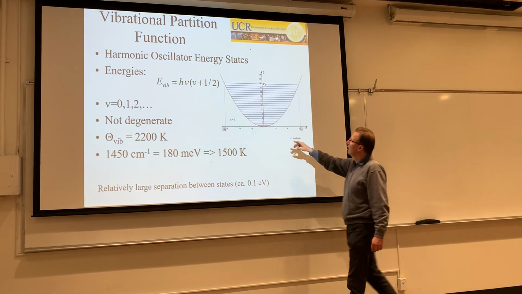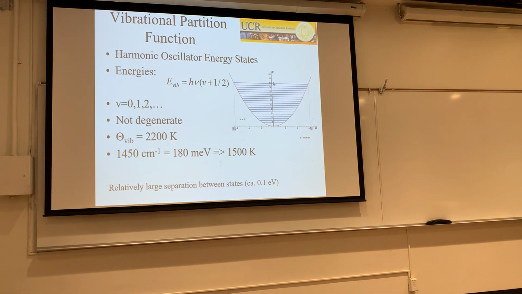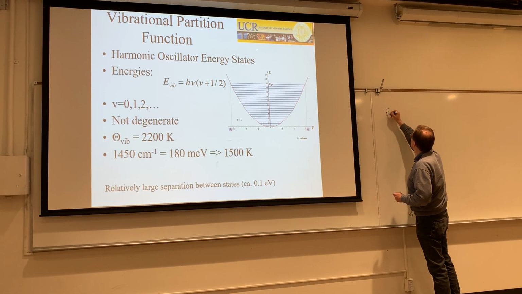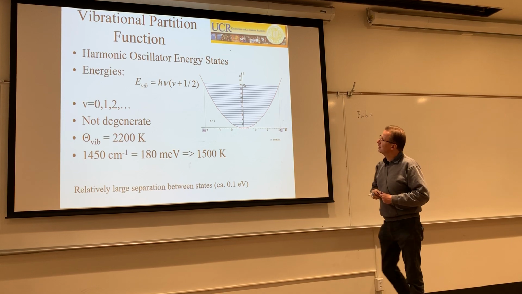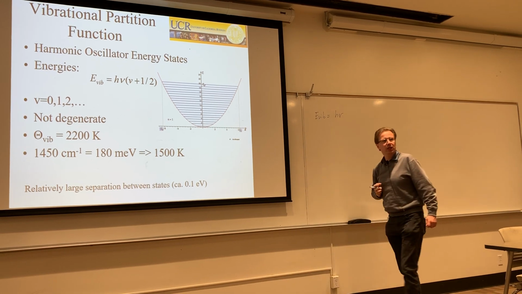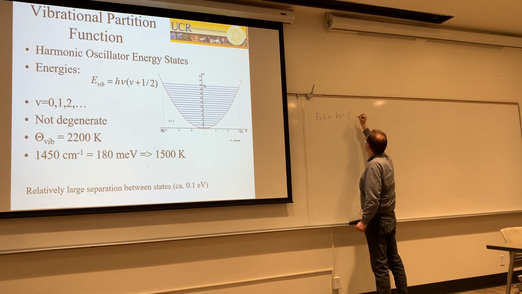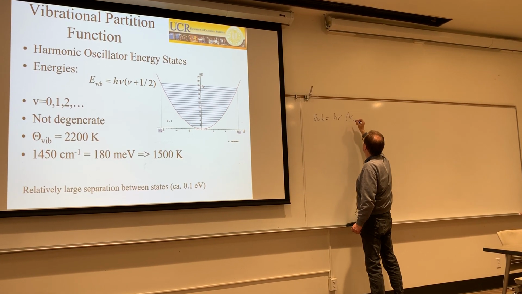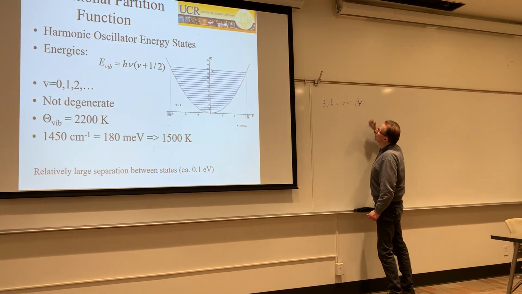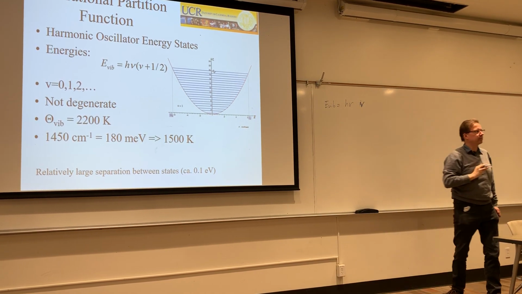So we just say our energy is zero, and we really say that we have now our E vibration, that is h times the fundamental frequency of that vibration, nu, times a quantum number, v, and the 1/2 we just forget.